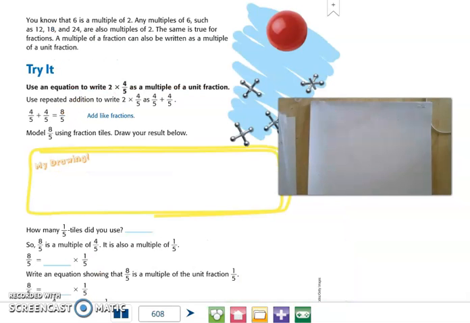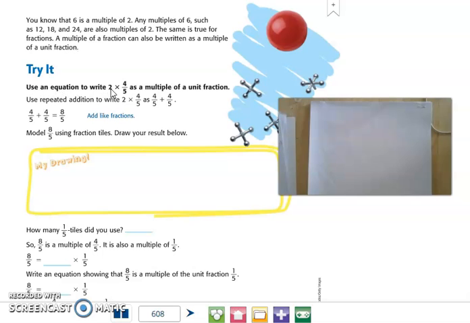Now we're ramping up the difficulty a little bit. You know that 6 is a multiple of 2: 2, 4, 6. Any multiples of 6, such as 12, 18, and 24, are multiples of 2. The same is true for fractions. A multiple of a fraction can also be written as a multiple of a unit fraction.